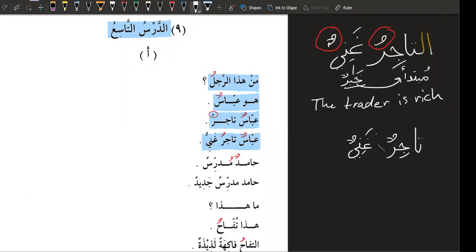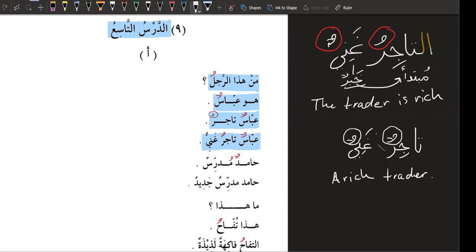If you look, they both look exactly the same. They both have two dhammas. تاجر غني translates as a rich trader or businessman. So the first one is التاجر غني, the trader is rich. And the next one is تاجر غني, a rich trader.